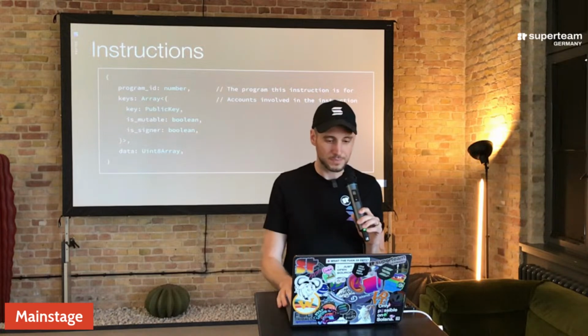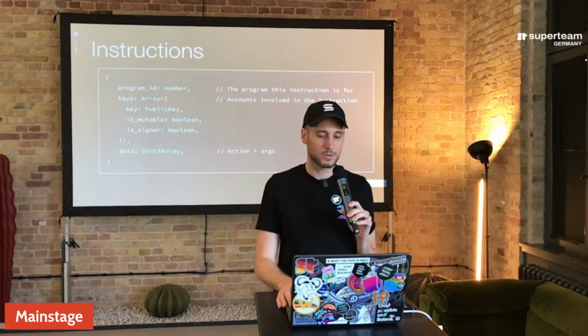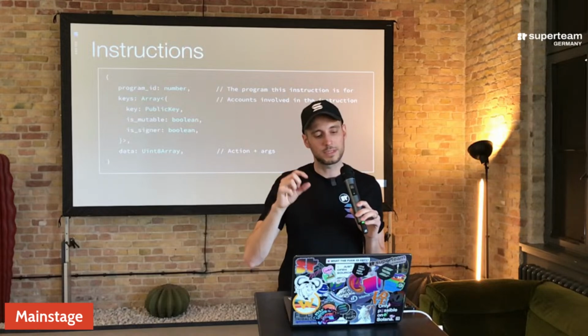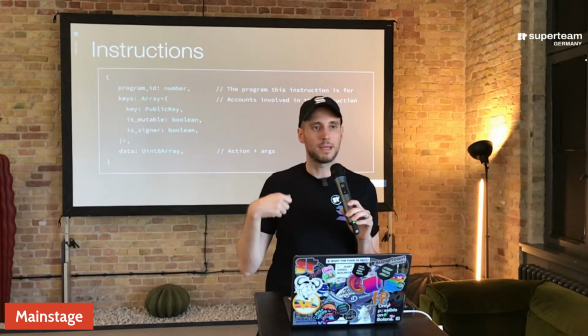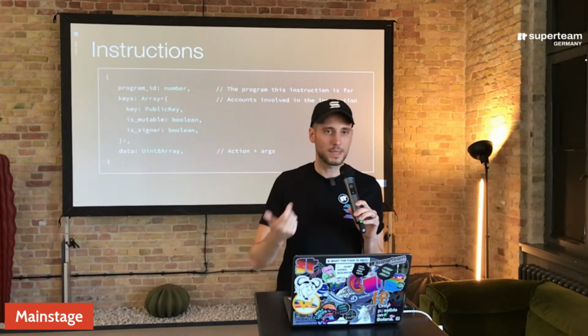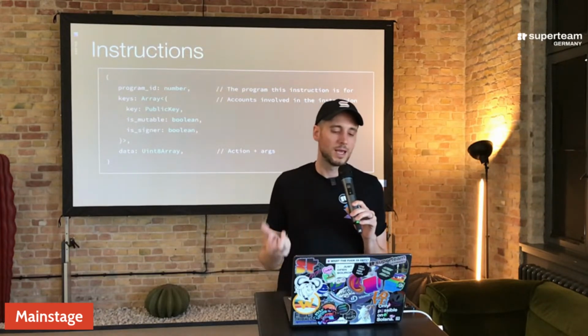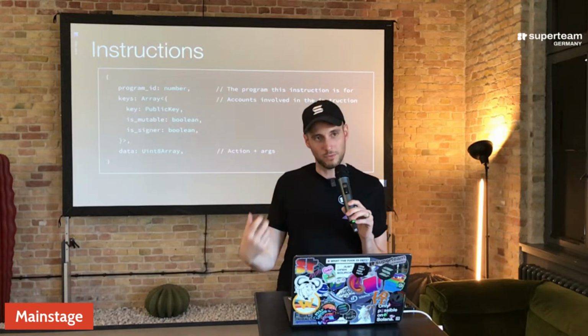And then it needs an array of keys. The key is important because you say, I want to use this account to maybe send money or to update something. So for example, if I would now send you money, it means that you would withdraw money from my account.